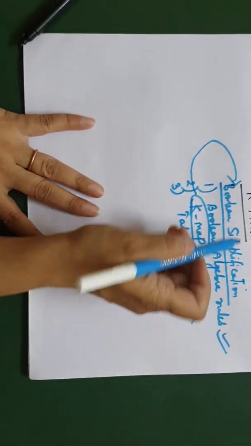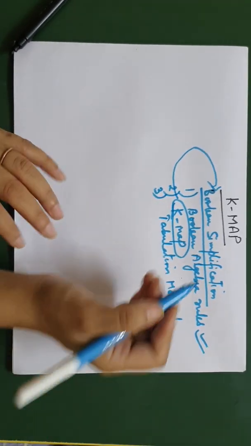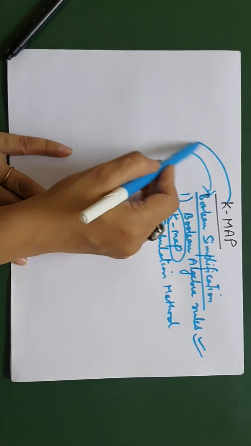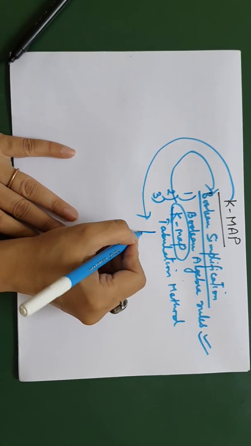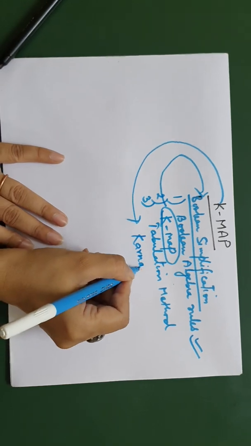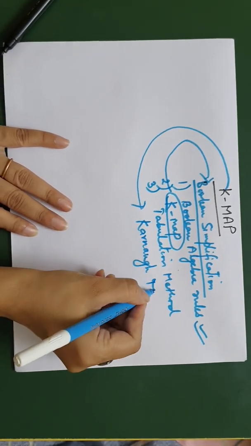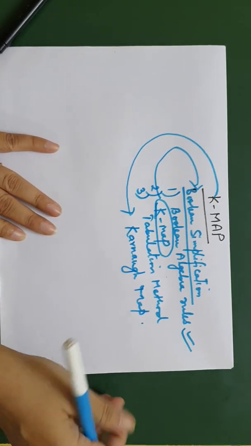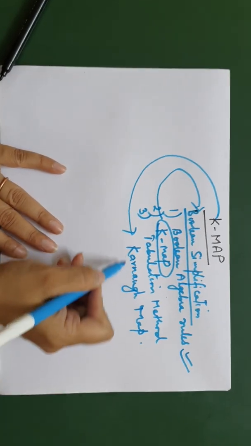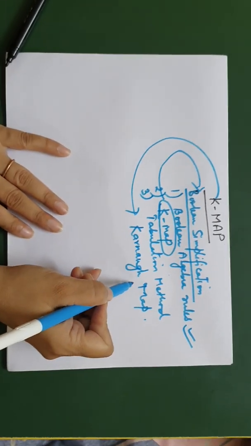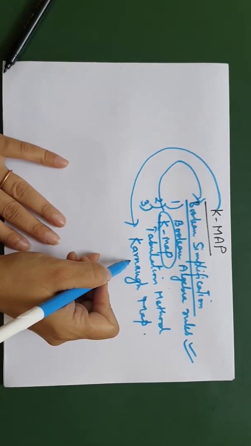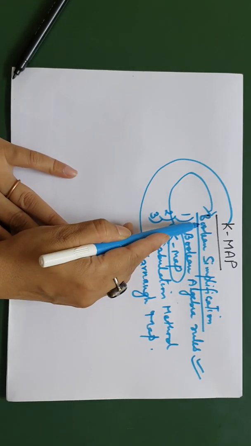So how can we define the K map? Its name is the Karnaugh map, also called the Carnot map, after the person who devised it. K map is a method of simplifying any Boolean expression.